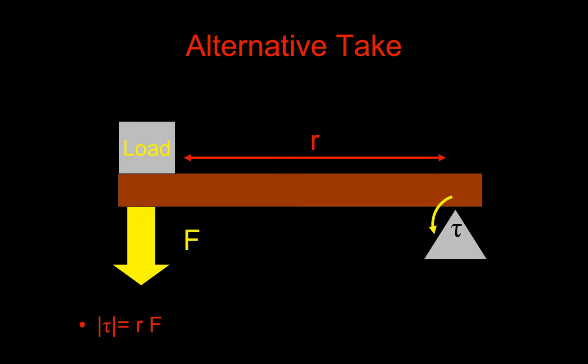Now we've already defined this, but in linear terms. What I like to do is do things in terms of torque. This is the twisting force about the fulcrum point, instead of worrying about all those distances and forces. And the magnitude of your torque is R, this distance, times the force.